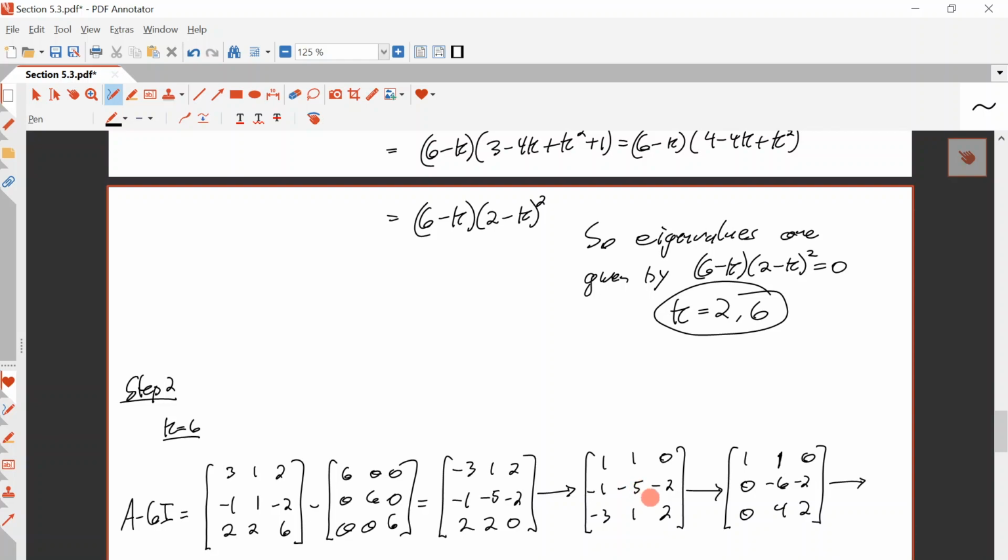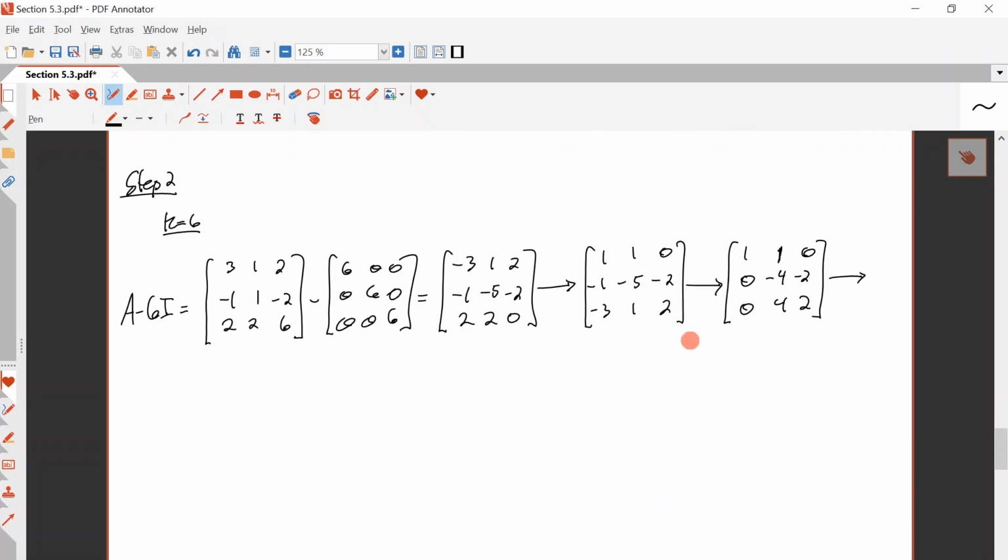So this is minus 4. There we go. So you should always get an eigenvector for each eigenvalue, so you're going to get a row of zeros here somehow. Adding this stuff together, you get 1, 1, 0, the row 2 and row 3, 0, 1, 1 half, 0, 0, 0.